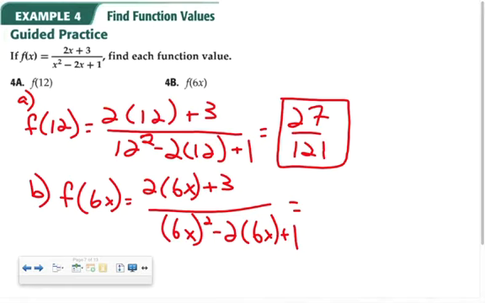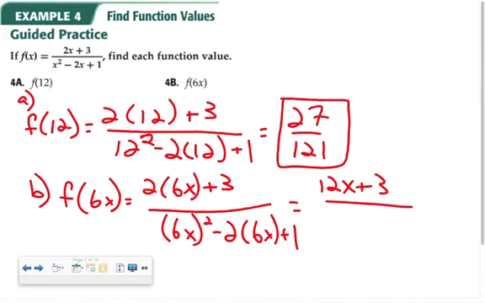And then again, you're just simplifying things. 2 times 6x is 12x, and I can't combine that with 3, so in my numerator I have 12x plus 3. In the denominator, I'm once again not going to have any like terms to combine, but I can still simplify this.